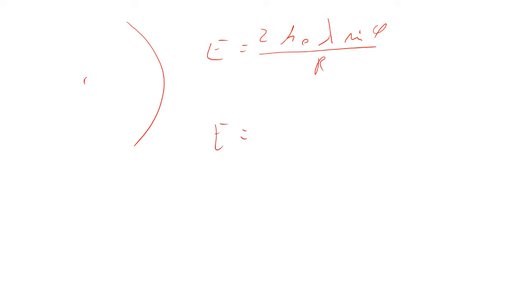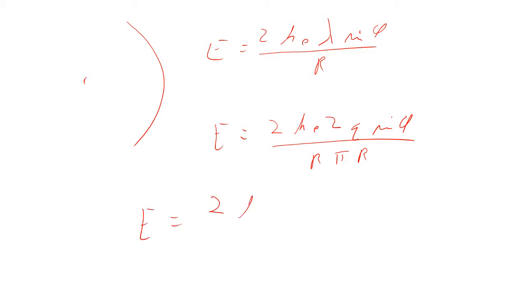So if I plug in what I got, 2 k sub e times 2q sine phi over r pi r, that means the electric field is going to be 4 k sub e q sine phi over pi r squared. So that's going to be for that.